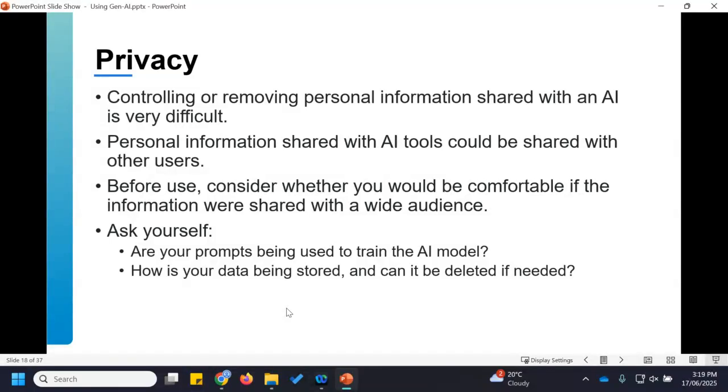You can also check the privacy and the settings within the AI tool. Most of them will have a little privacy policy that you can read. You can also ask the tool itself, what is your privacy policy? Like, what are you doing with my data or with my prompts? So ask yourself, are your prompts being used to train the AI model? And how is your data being stored, and can it be deleted if needed?